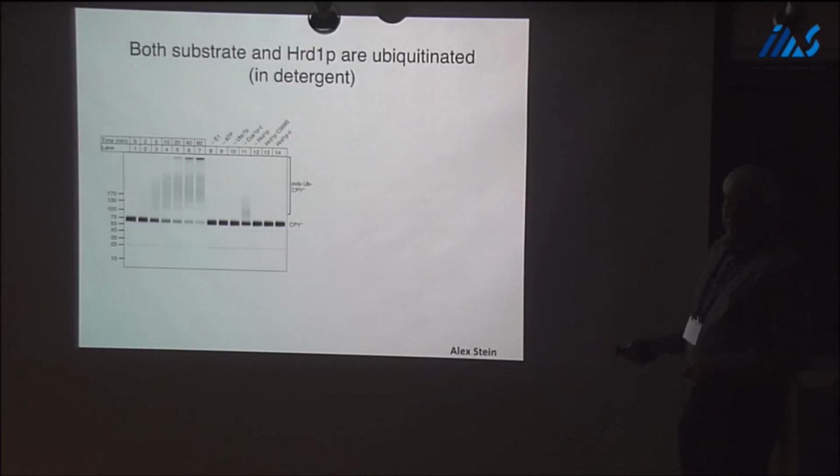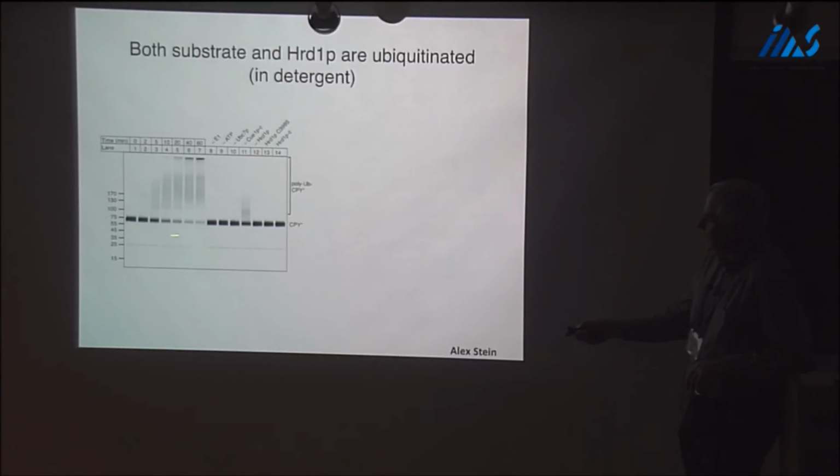And then we can do the ubiquitination reaction. So what we do is we take the substrate, fluorescently labeled CPY star, mix it with HERD1, both in detergent, and then add all the other goodies that you need for the ubiquitination reaction: E1, E2, Q1, the activator for UBC7, ATPase, ubiquitin.